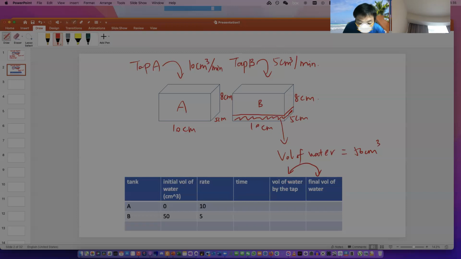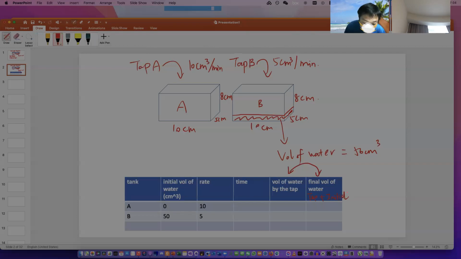So in fact, what I want to find out is the volume of water by the tap alone. Then the final volume of water for the last column should be the tap plus the initial. So basically the volume of water from the tap plus the initial will give you the final volume.